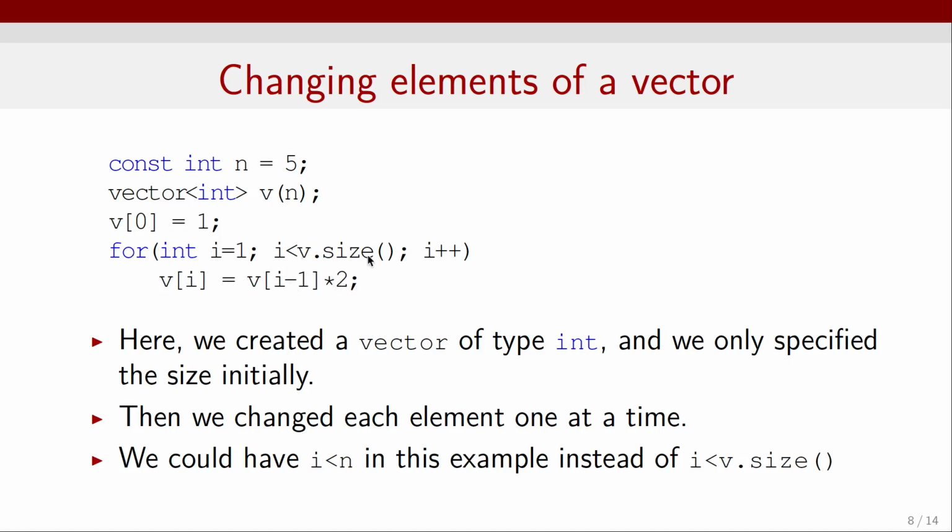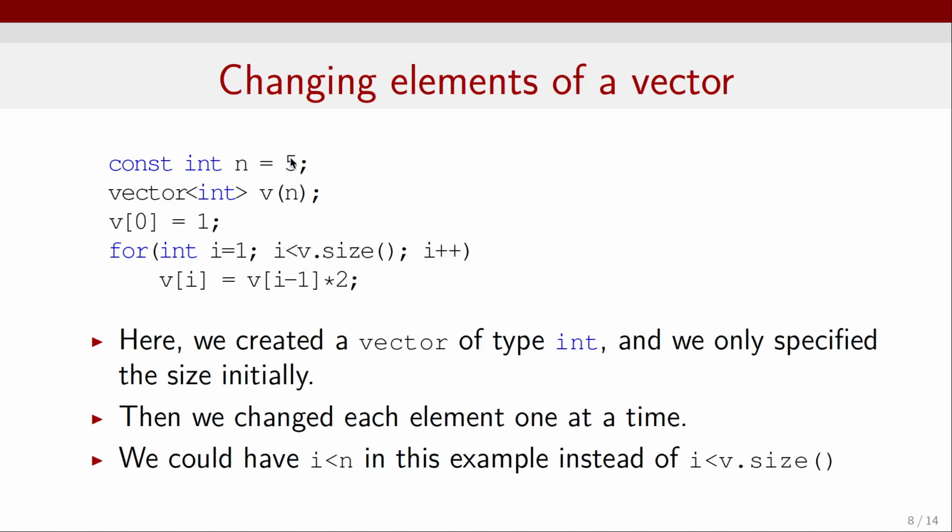And I can use a for loop that starts from I equals 1, and you have to be careful here not to exceed the range of v. So if I use I equals 1 here, this will define v1 as a function of v0. So 1 is the correct starting point. And then it will go up to I lower than v dot size.